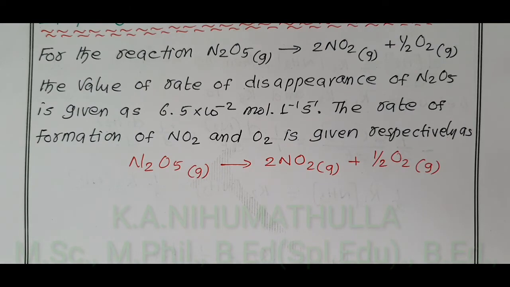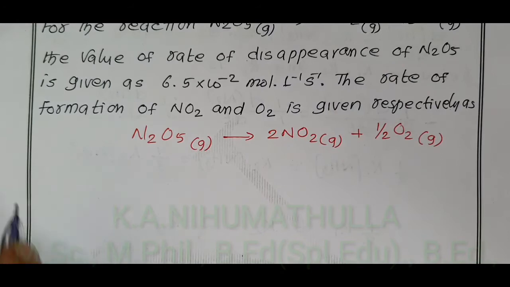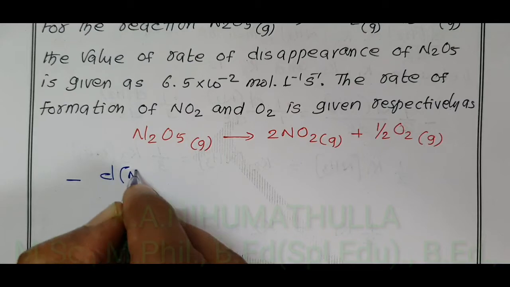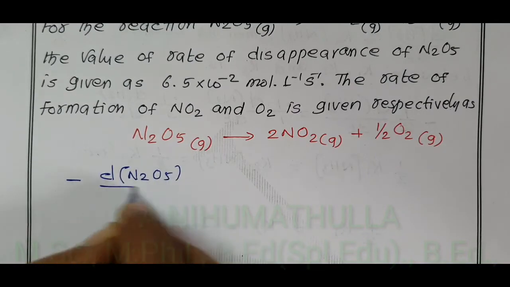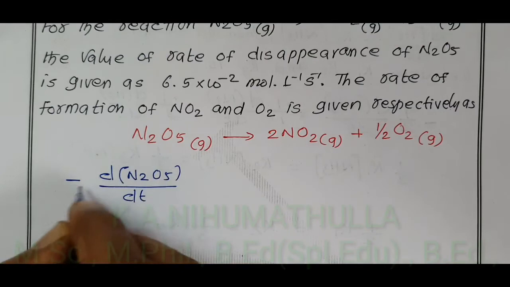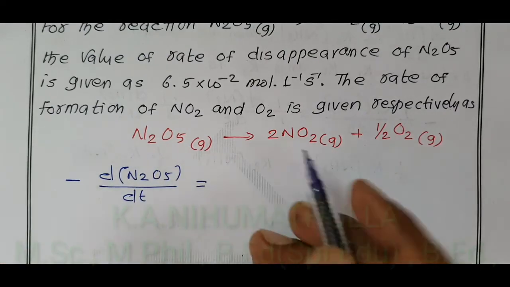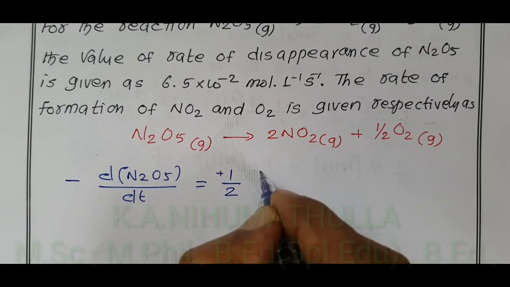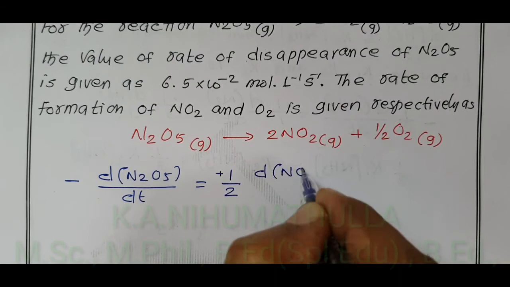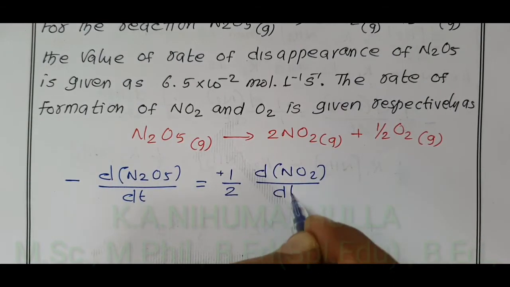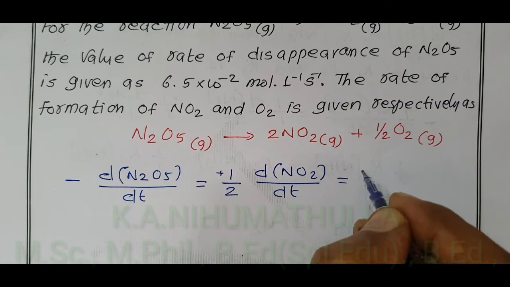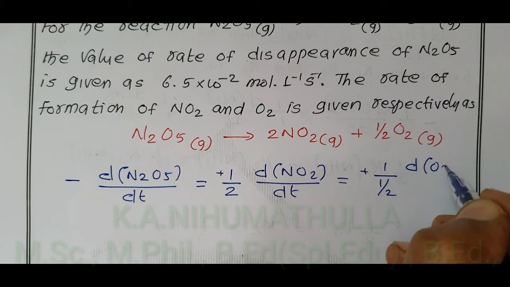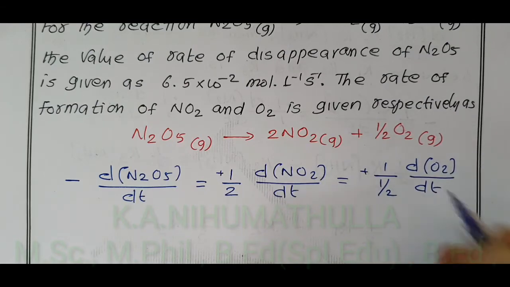The rate of the reaction, now I am writing, is minus d of concentration of dinitrogen pentoxide divided by dt, number of moles equal to 1, thereby 1 by 1, it is equal to, here 2, therefore 1 by 2 into plus value because product are formed, concentration of product increases with change in time dt, that is equal to plus 1 by 2 d of concentration of O2 divided by dt.